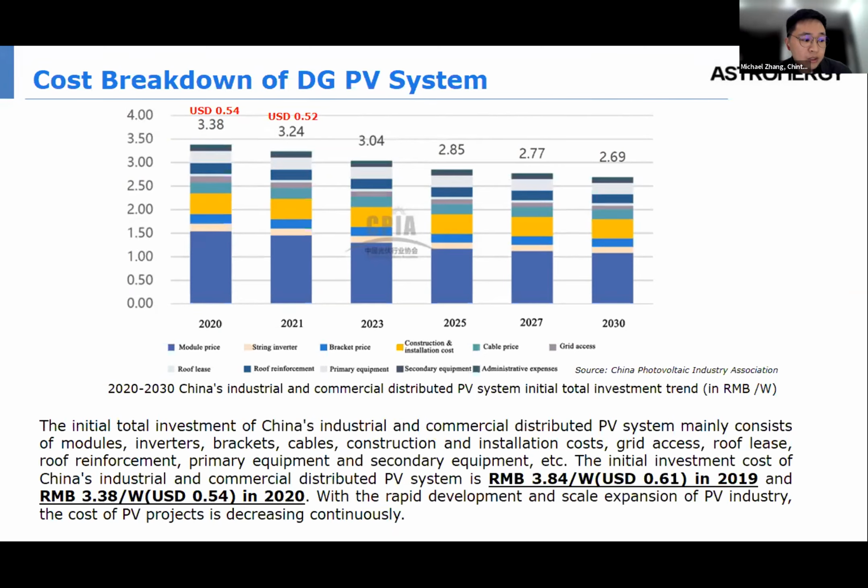We know that the unitary price in 2010 or even 2015 was much higher than what we have now, maybe double or triple the price. Thanks to the rapid development and scale expansion of the PV industry, this kind of clean energy has never been so ideal for mankind to combat climate change.